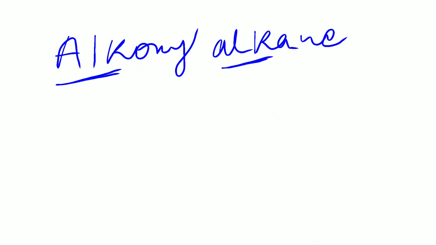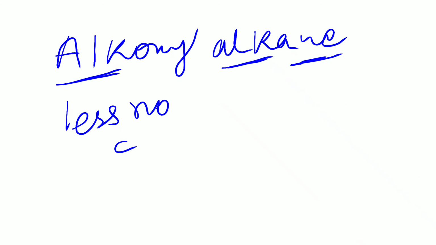So wherever alk is there, you can put the number of carbons. The oxy suffix will be added to the group which has fewer carbons, and alkane is added to the alkyl group which has more carbons.